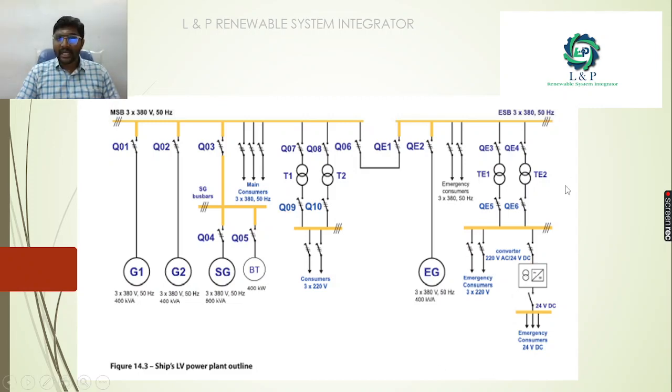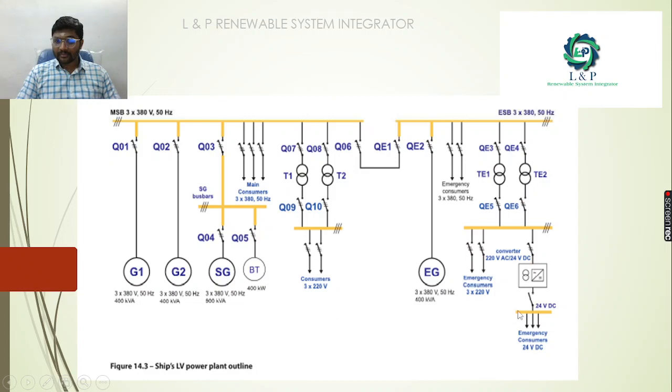So we are using transformers here. The main duty of this transformer is to convert 380 volt into the required 220 volt. Mostly in ships we are using a 220 volt power supply for step down operations. After stepping down only can we supply it to the consumers.